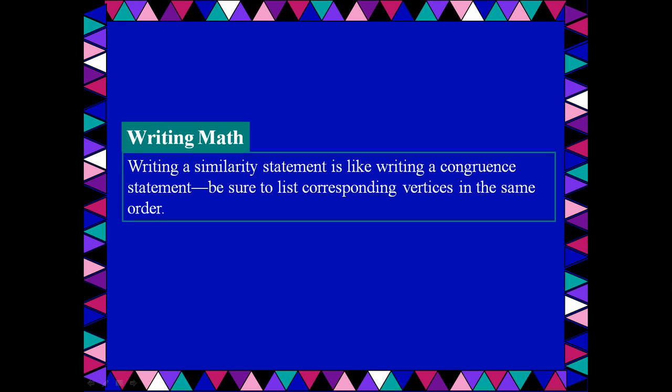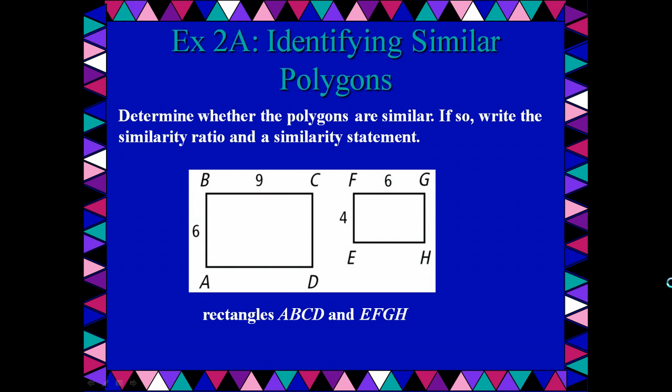Writing a similarity statement is like writing a congruent statement. We need to list all the corresponding vertices in the same order, and you use the little tilde sign instead of a congruent sign. If we want to identify similar polygons, we have to determine whether they're similar or not. And then we write a similarity ratio and statement. So we are given rectangles ABCD and EFGH.